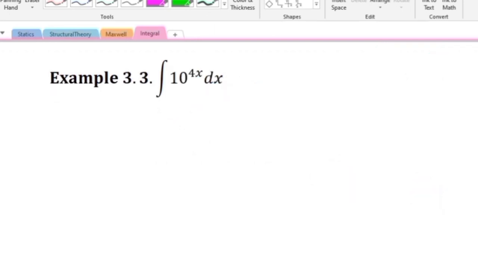Example 3.3. We have the integral of 10 raised to 4x dx. So from our formula, we have the integral of a raised to v dv. This is just equal to a raised to v over ln of a plus c.